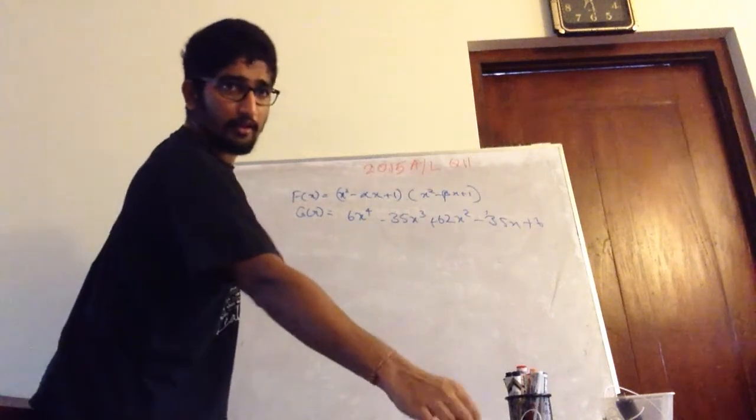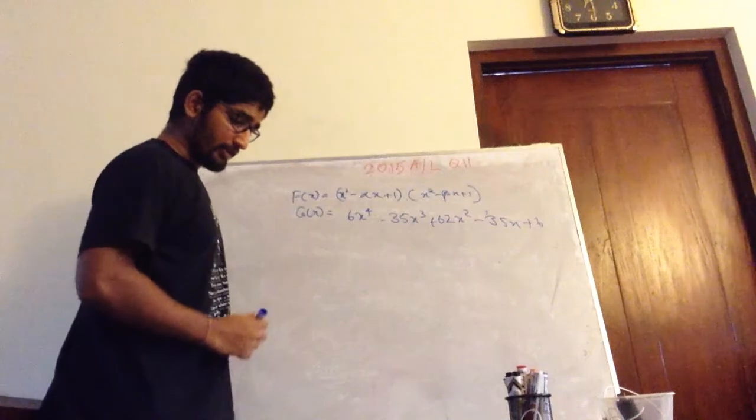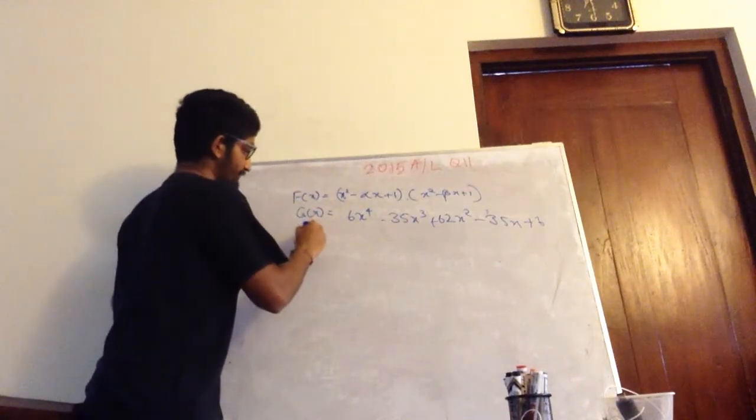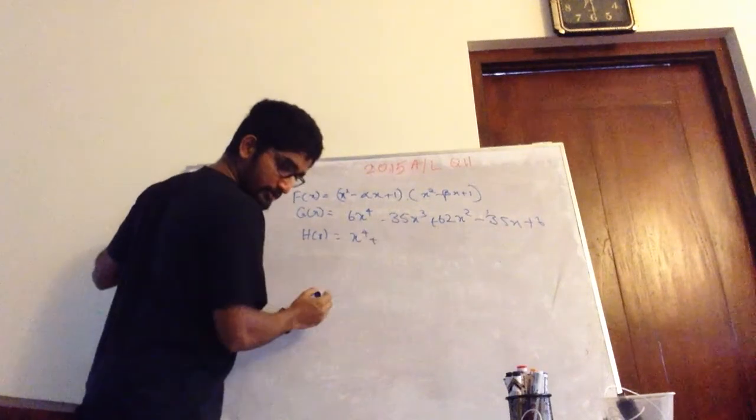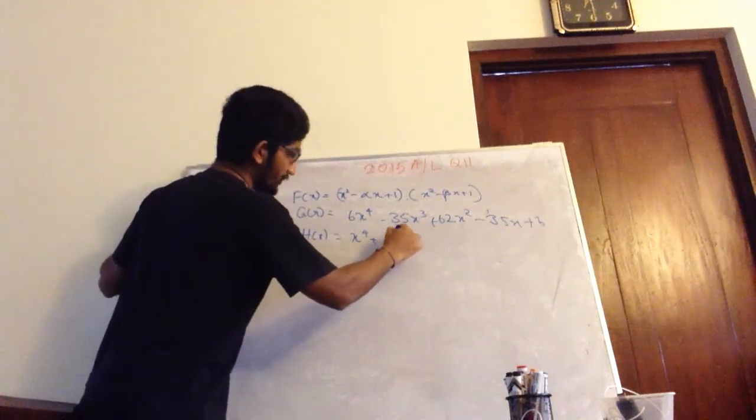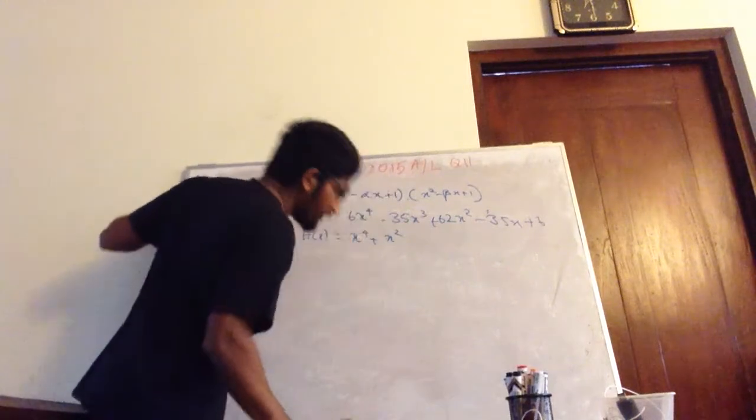Then they have given h(x) as x to the power 4 plus x squared plus 1.